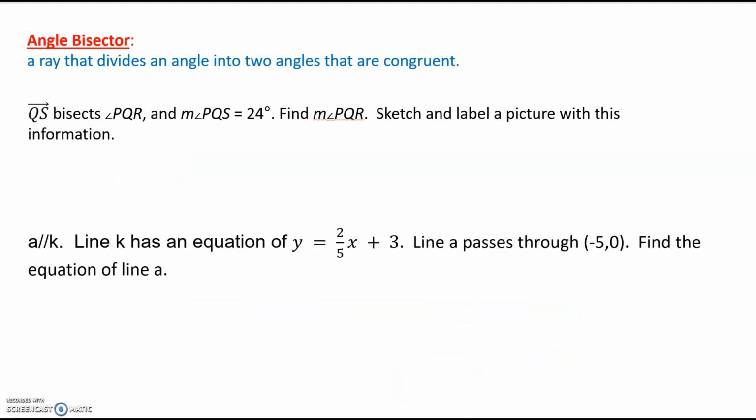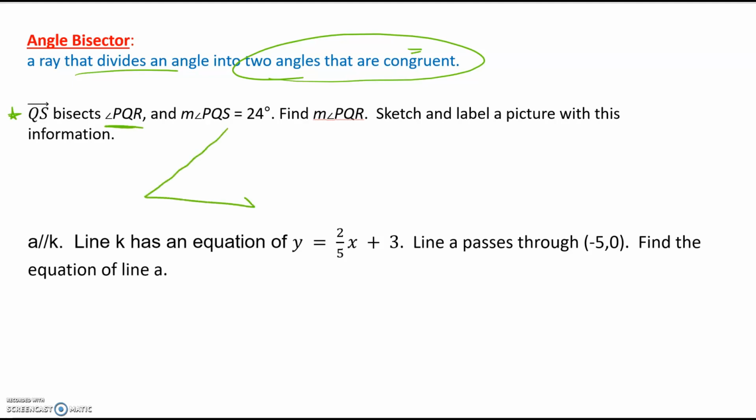Okay, next thing we're going to talk about is an angle bisector. Remember, that just cuts an angle into 2 equal pieces. So what I'm going to do first for this question is I'm going to draw my angle. So it says I have angle PQR, so I'm going to label that PQR. And it says QS bisects that angle, so I know these two pieces are congruent.